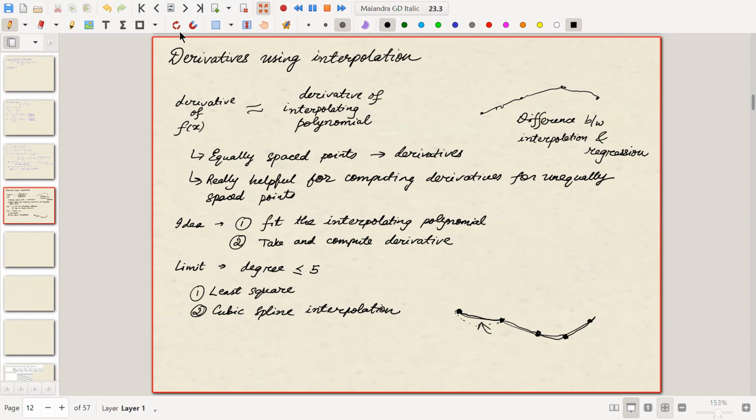What I want you to do is take cubic spline interpolation as a project. This is a very nice concept. It won't be as smooth as forward finite difference and backward finite difference.